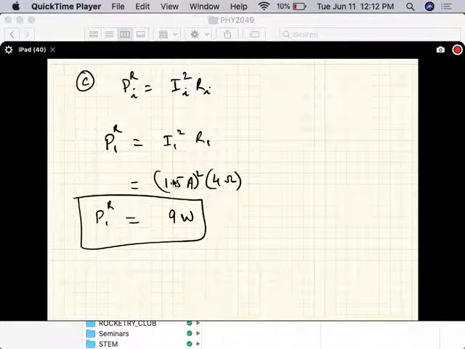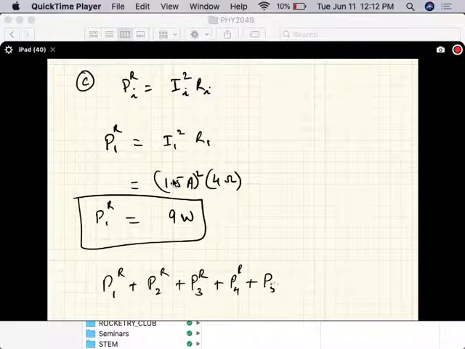So here's the deal. You guys should do a check. The power dissipated by the resistors, so I want you guys to do this check. So this is the power dissipated by resistor 1, 2, 3, 4, and 5.